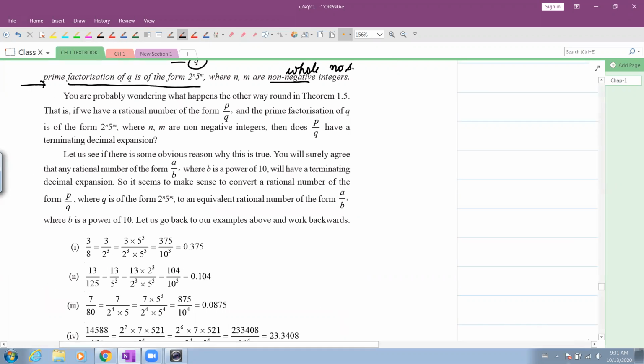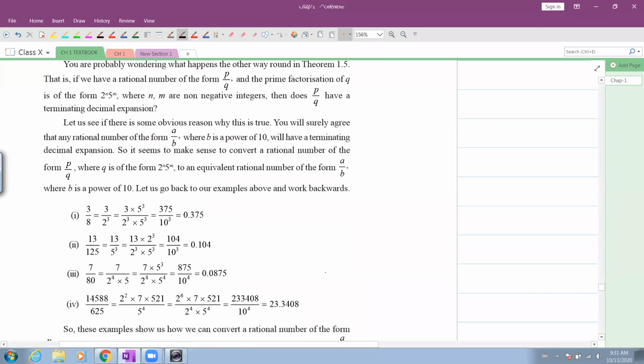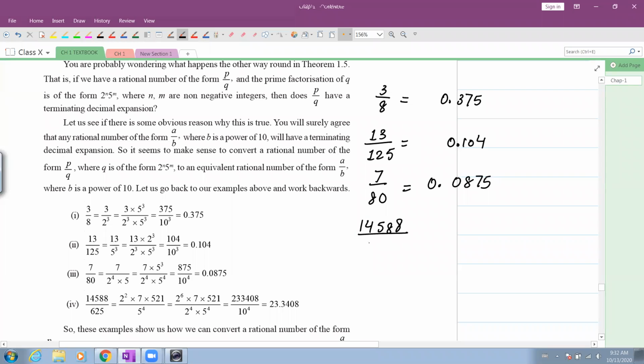Now, as you can see, all these rational numbers have their decimal expansions which are terminating. और उन्होंने तो किसी और तरीके से किया है. अगर आप वैसे अज्यूम करो 3/8 आप इसको पॉइंट्स में कन्वर्ट कर सकते हो, तो इसकी डेसिमल फॉर्म टर्मिनेट करती है. आपके पास सेकेंड एग्जाम्पल है 13 over 125. यू कैन क्विकली यूज योर कैलकुलेटर एंड सी कि अगर आप 13 को 125 से डिवाइड करोगे तो आंसर ये आता है 0.104 terminating decimal, and then 7/80 0.0875, and then they have taken this example, the last one 14,588 divided by 625, और इसकी डेसिमल एक्सपेंशन ये बनती है.